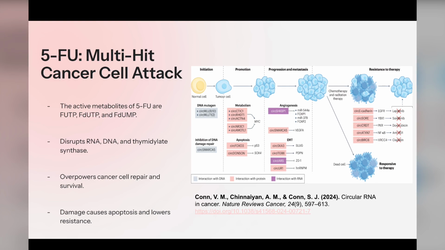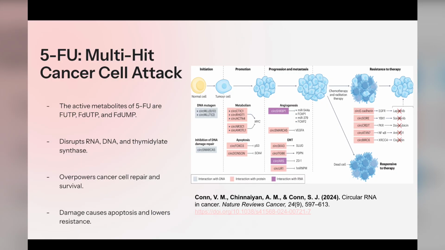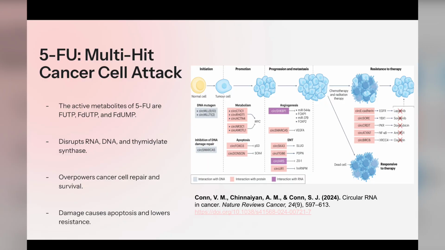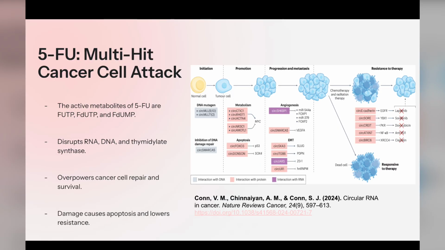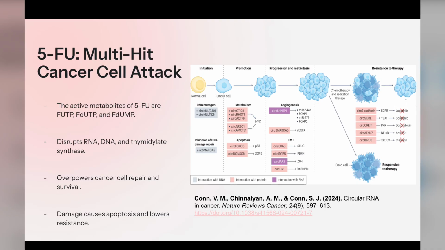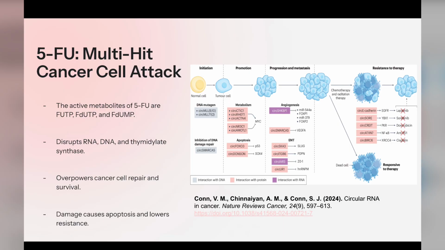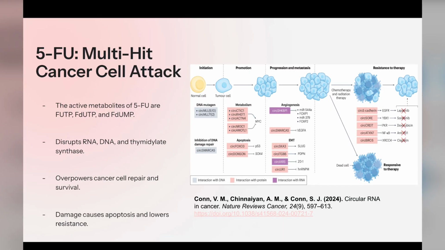So my image to the right shows how cancer cells resist or react to this treatment. Many malignancies react effectively to 5-FU's multi-hit technique. So within the cell, FUTP destabilizes RNA, FdUTP disrupts DNA replication, and thymidylate synthase is inhibited by FdUMP. 5-FU overwhelms a cancer cell's capacity to adapt, mend, or escape by targeting RNA, DNA, and a key enzyme.